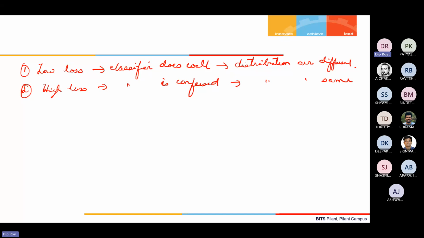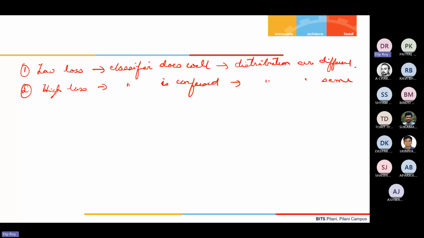It is confused. And our goal is to maximize the confusion of the discriminator, so that it is maximally confused. And if it is no longer able to distinguish between the samples of the two distributions, then it means that both my distributions are the same.